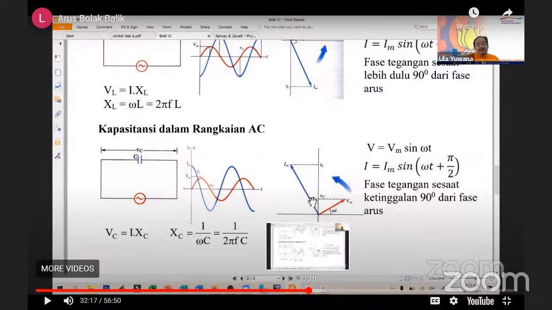Now, how if the circuit contains the capacitor? Okay.